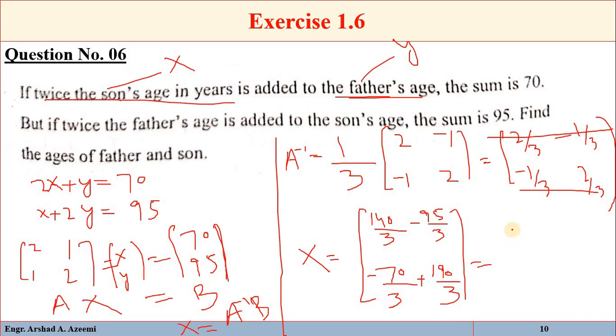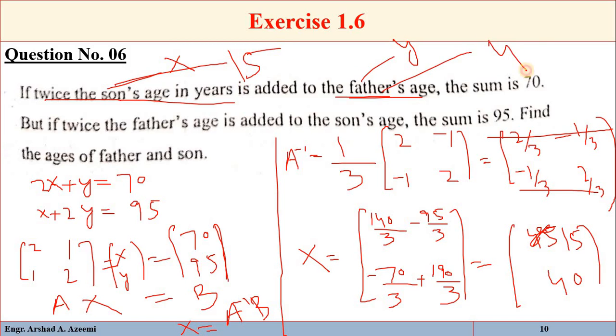Now you can simplify it. 140 minus 95 is 45, divided by 3, so you will get 15. Minus 70 plus 190 is 120, and 120 divided by 3 is 40. So the son's age is 15 and the father's age is 40.